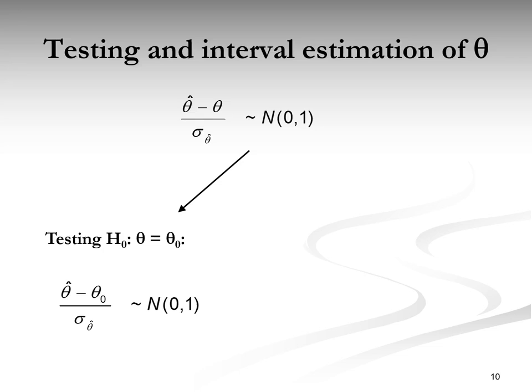Note that theta 0 is specified under the null hypothesis, and we also know the standard deviation of our estimate. The standard deviation of our estimate is the square root of 1 over the sum of the precisions of the individual effect sizes. And we know how precise each of the individual effect sizes are.